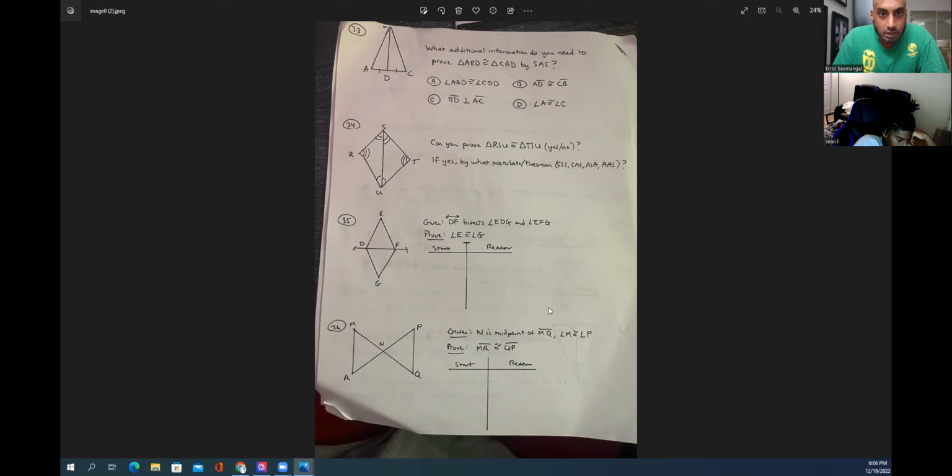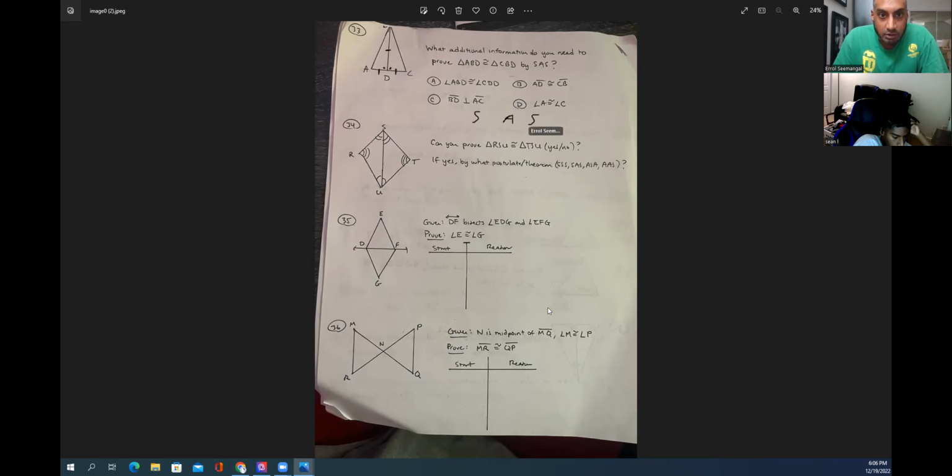Let's draw. This side is equal to this side, and you've got this side common to both. So this angle and this angle would be the same.